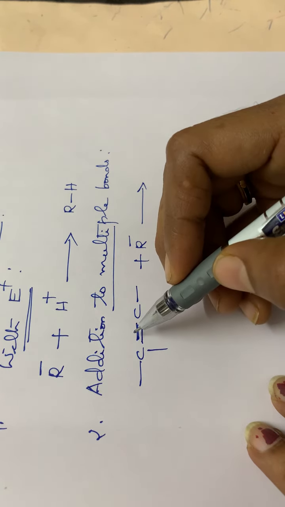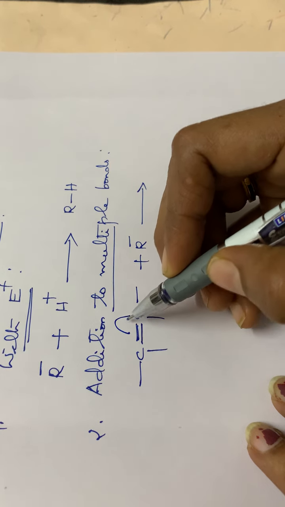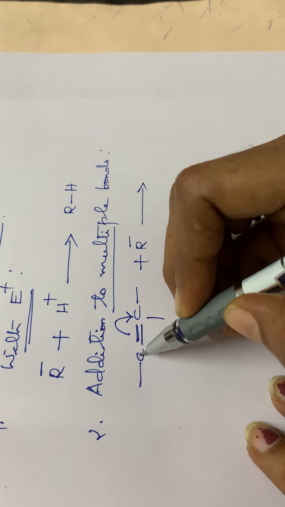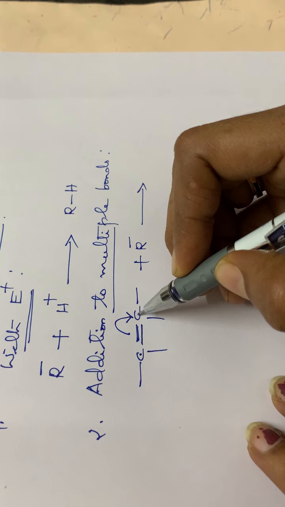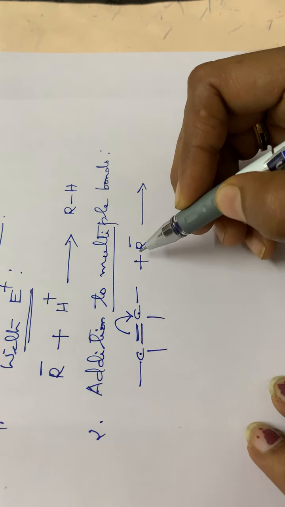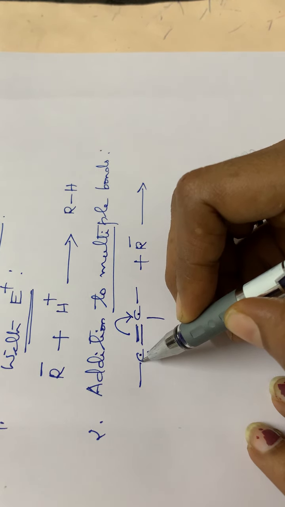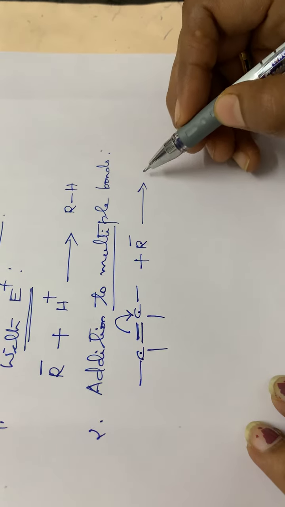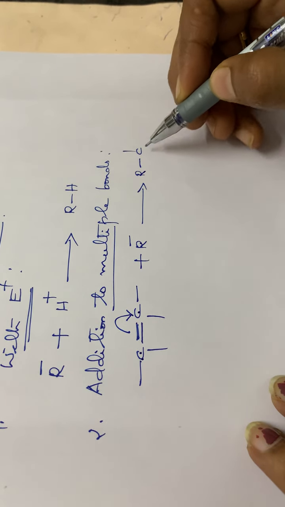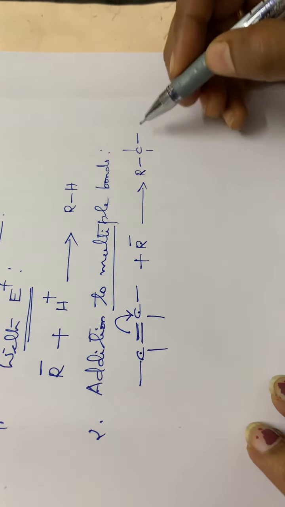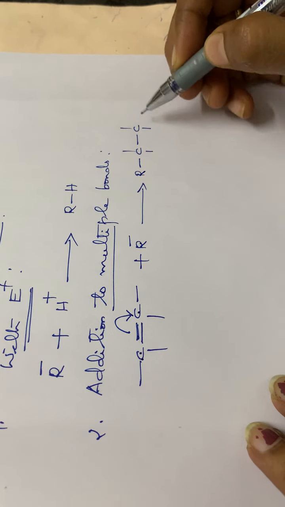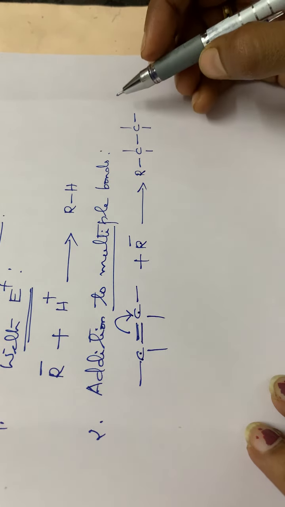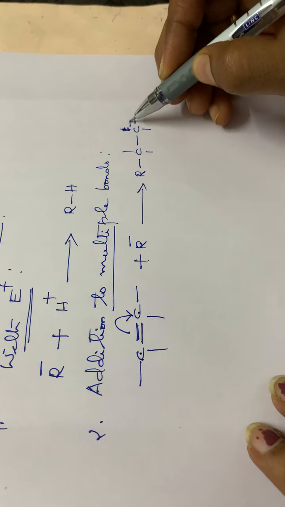One of the electron pairs will shift like this, so that this carbon will have a positive charge and this carbon will have a negative charge, and this R minus will attack the positively charged carbon atom. So it becomes R, C, single bond, C, and here it becomes a negative charge.